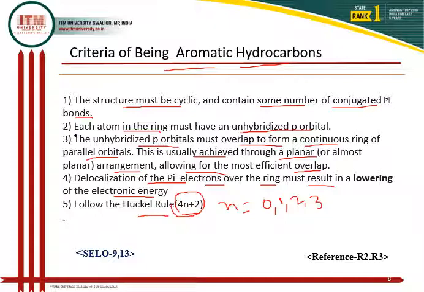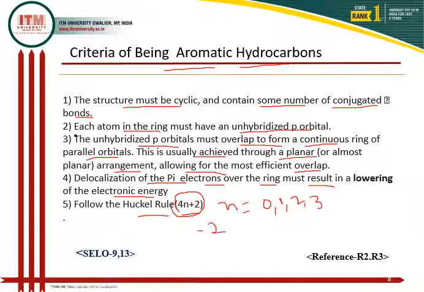If it exhibits this Huckel rule and has pi electrons according to 4n plus 2, it is an aromatic hydrocarbon. So if I put 0 here, what comes? It comes 2 pi electrons.